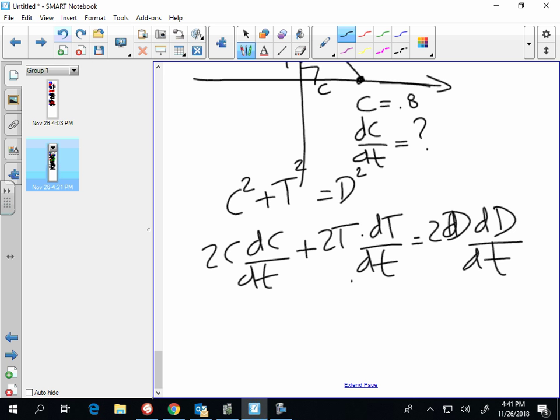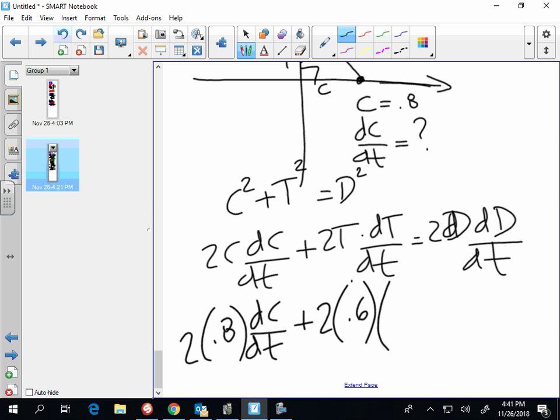Now what do we know? Well, we know that c is 0.8. We don't know dc/dt. That's the thing we're solving for. We know that t is 0.6 and headed at negative 60. And we know dd/dt is 20.